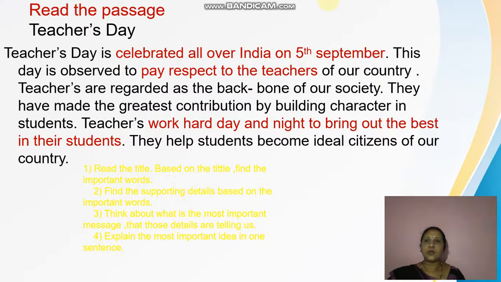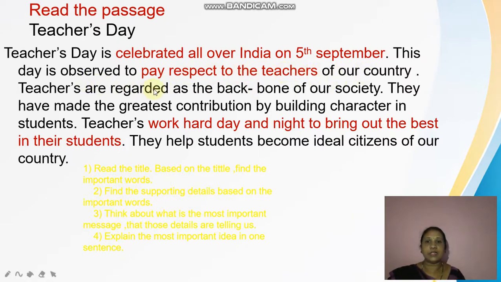So students, now you have to read this passage and find the main idea of the story. Teachers' Day. Teachers' Day is celebrated all over India on 5th September. This day is observed to pay respect to the teachers of our country.